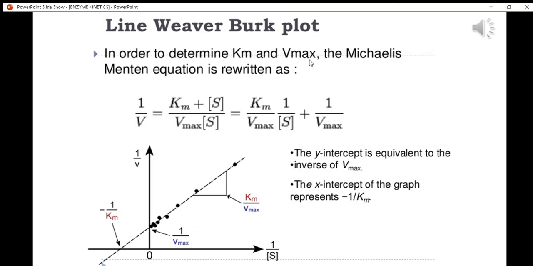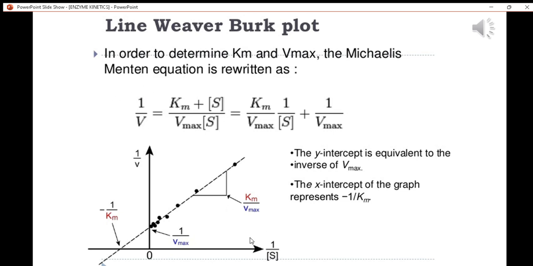Here is a Lineweaver-Burk plot. It is also called double reciprocal plot. What is it? It is obtained from the Michaelis-Menten plot, which we found earlier. To create an LB plot, Lineweaver-Burk plot, we obtain reciprocal values of velocity and substrate concentration.